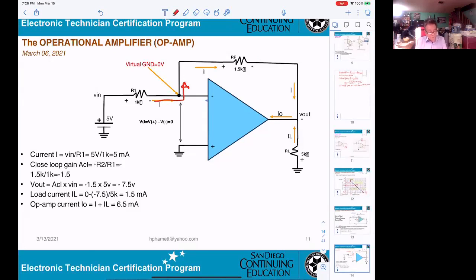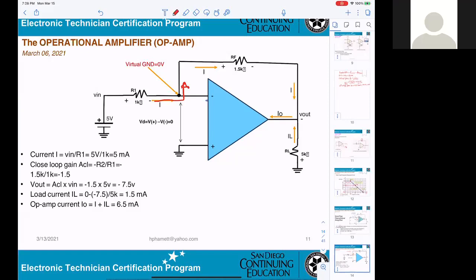They are 0 volt, but current still can flow through it. But why is it a virtual ground? When you learn the op-amp, you will understand why they call it a virtual ground. We did not make it up. They try to make the difference between physical ground and virtual ground.